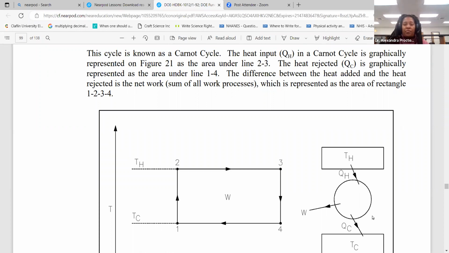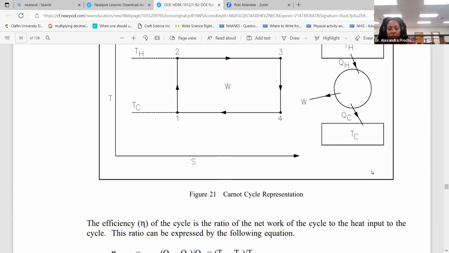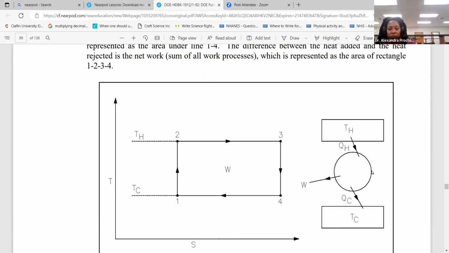And the heat input, or QH, is graphically represented in this figure 21 as the area under line 2 to 3. So this area under here. Okay.